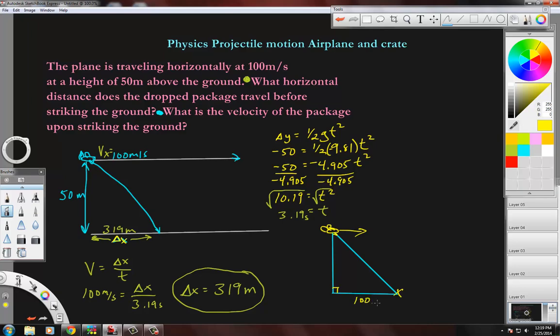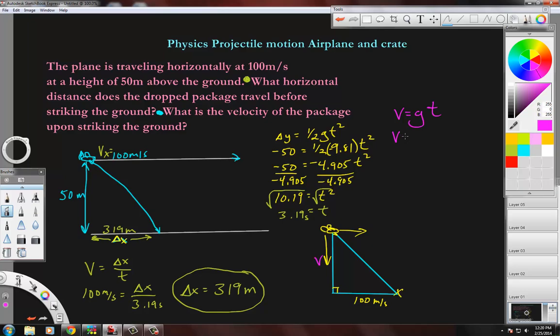If we look at this in terms of velocity, this would be 100 meters per second this way. Now, how fast does it fall vertically? So what is this fall speed? Well, we have to use another equation for that. Let's do it in purple. So to find this velocity here, that would be v equals gt, gravity times time.